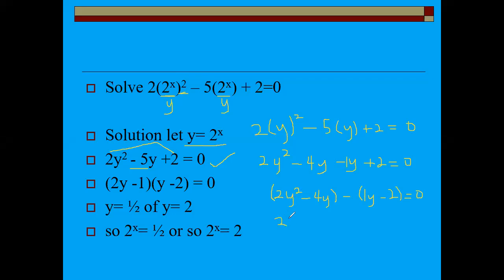This will give us 2y, so we are left with y here minus 2. Then here we have what? There is no common term there. That will be just one. So we have y minus 2, which is equal to 0. And then when we refactorize, we get 2y minus 1.